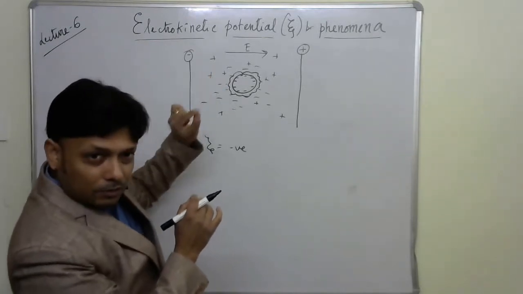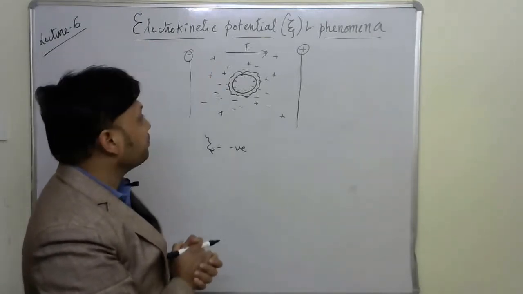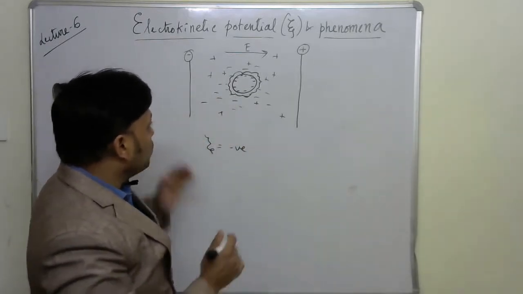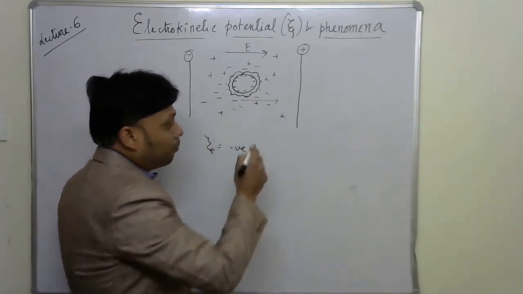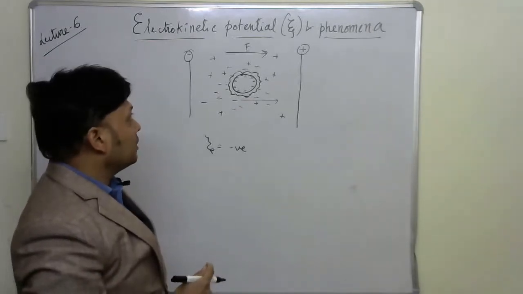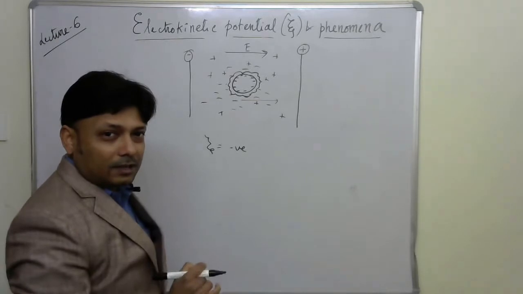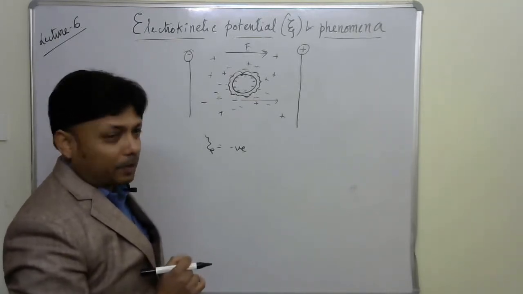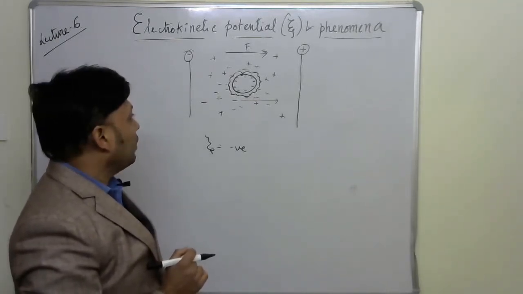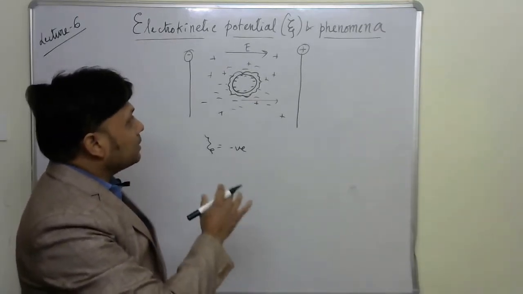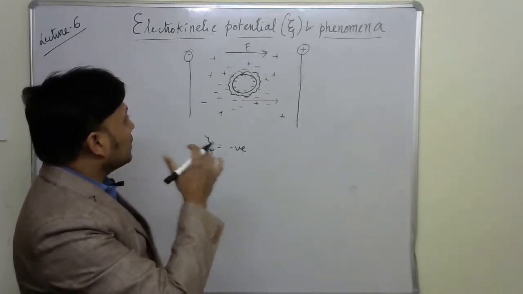That's the boundary limit. So whenever this particle starts to move towards the appropriate electrode, that phenomenon is called electrokinetic phenomena.